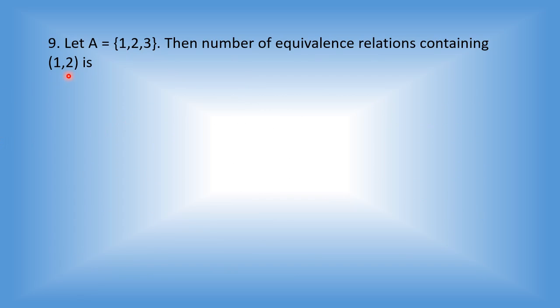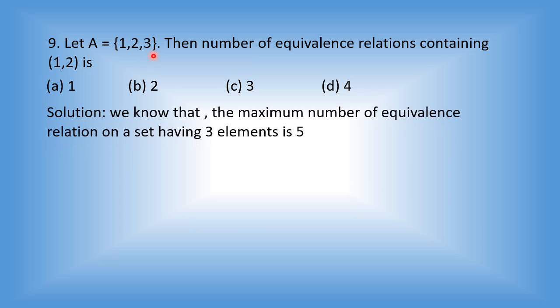The next one will be: let A have the elements 1, 2, 3. Then the number of equivalence relations containing the ordered pair 1, 2. So we have to find the number of equivalence relations which have the element 1, 2. So these are the options here. So we know that for a set having 3 elements, the maximum number of equivalence relations is 5.